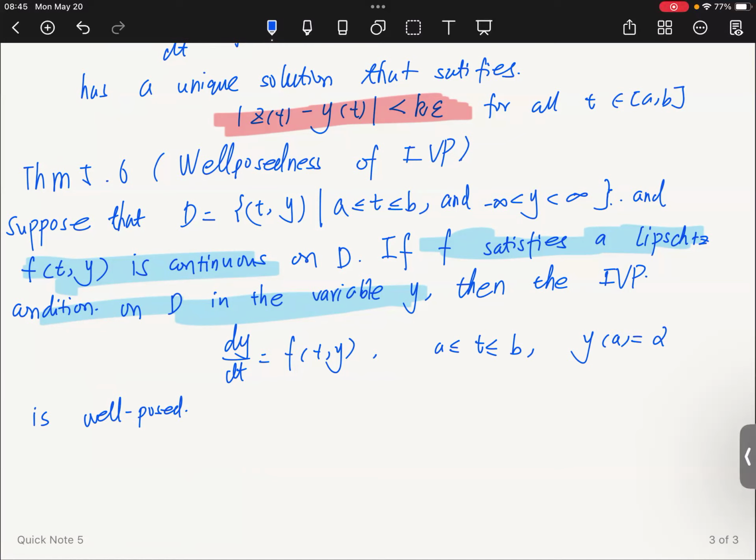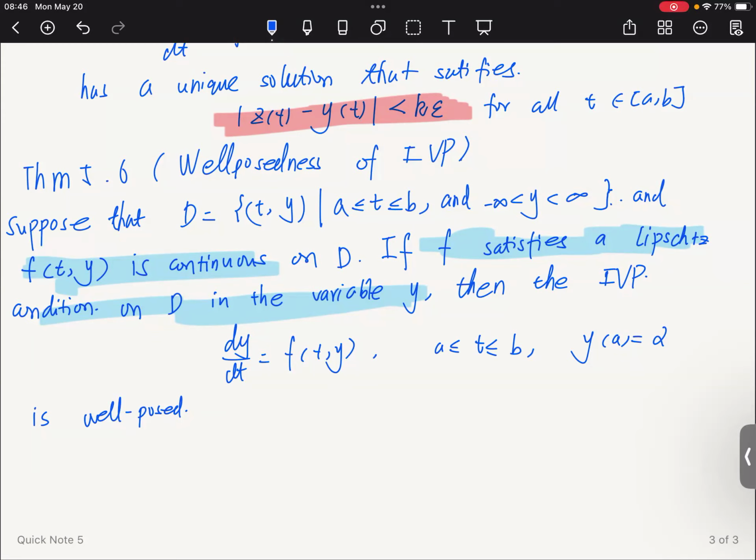You would say these are the same assumptions as the existence and uniqueness, but from these assumptions about the IVP setting, we get the well-posedness.